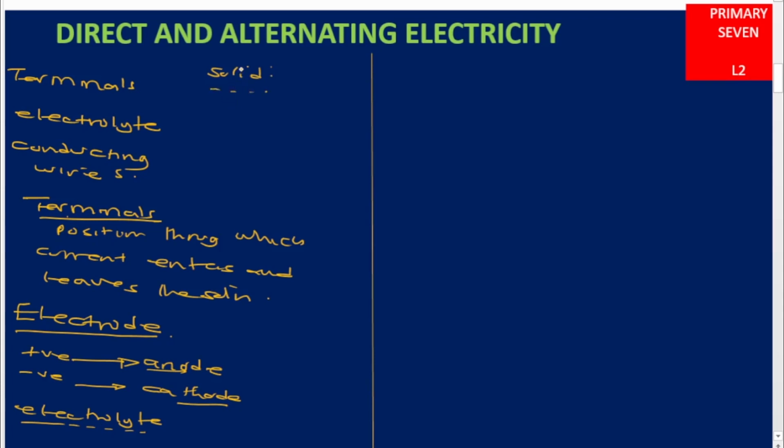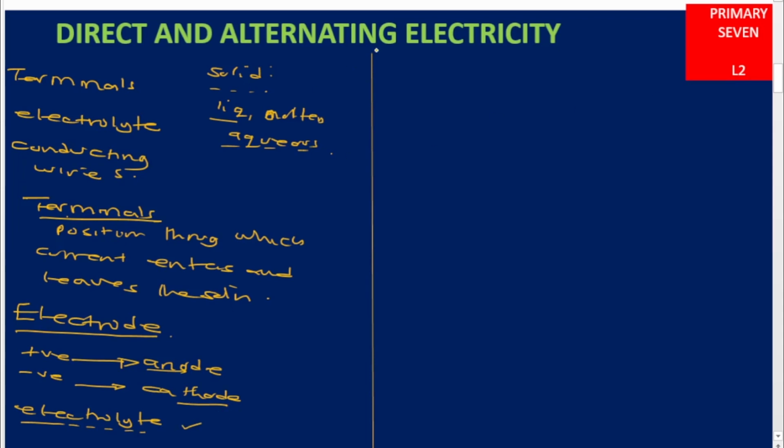In a case where it's not a solid, it is a liquid, it can be molten, or it can be aqueous. Now if a substance is a liquid, molten, or aqueous, and it allows electric current to pass through it, then it is called an electrolyte.